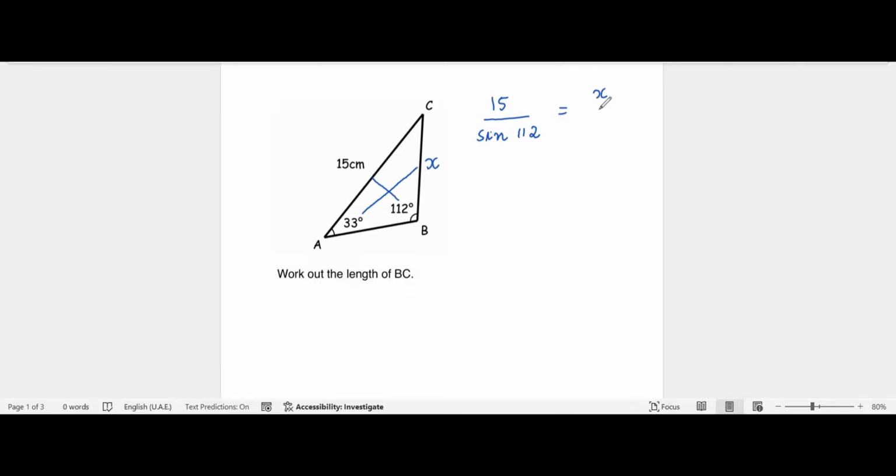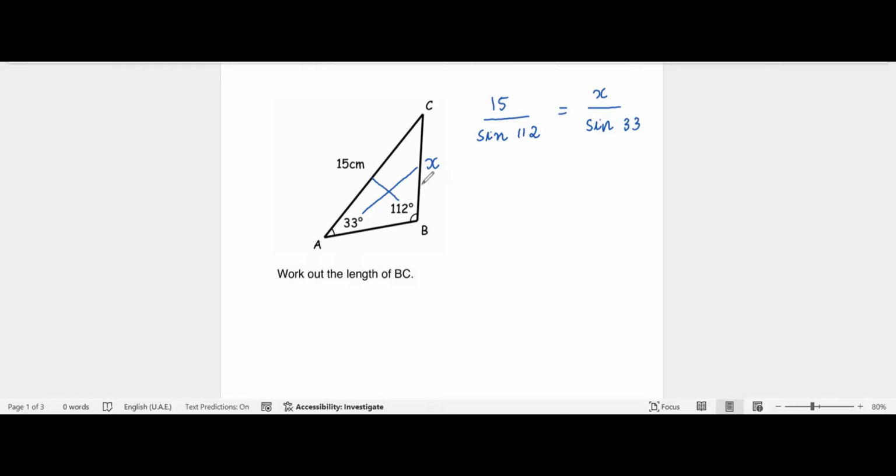That is x over the angle opposite to x, which is 33 degrees, so sine 33. The things that we have discussed till now: when two angles are given in the question, then we can use law of sine to find the missing side.